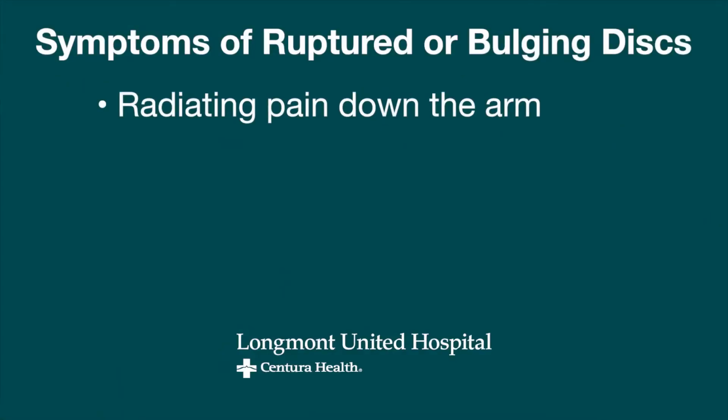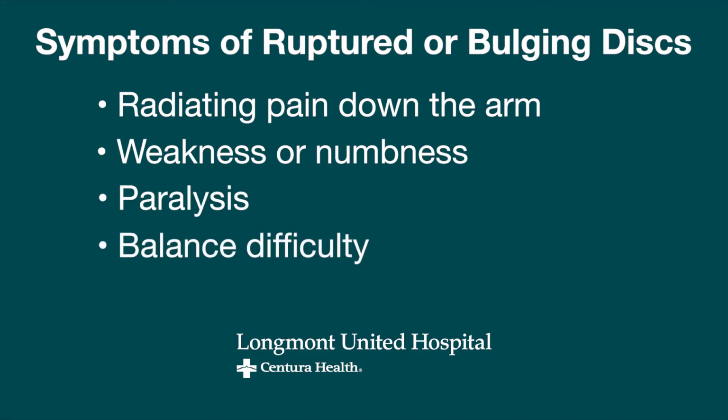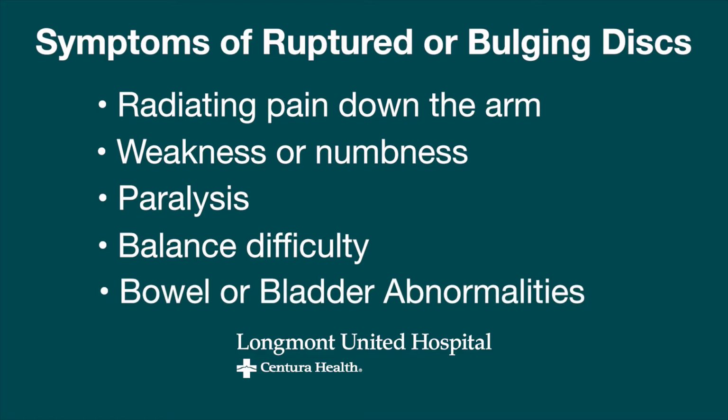Either a radiating pain down their arm associated with either weakness or numbness, or in a worst case scenario, if a person's spinal cord is being significantly compressed, it can cause a patient to be either paralyzed or have problems or deficits, including balance difficulty or even bowel or bladder abnormalities.